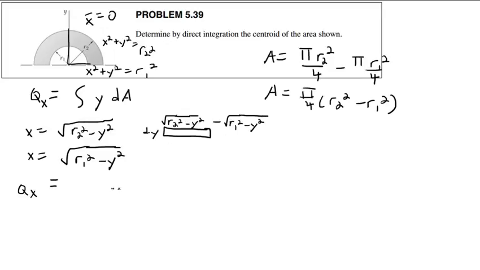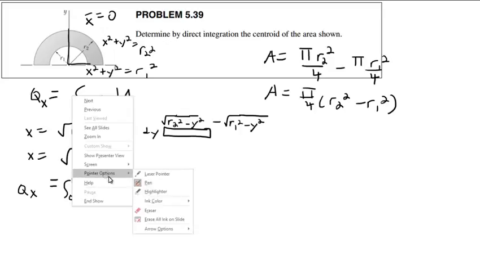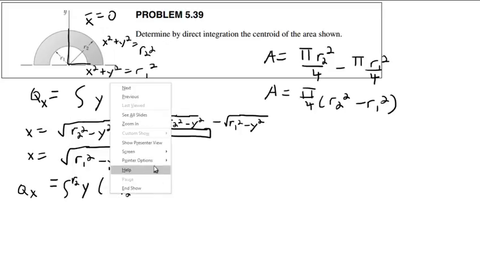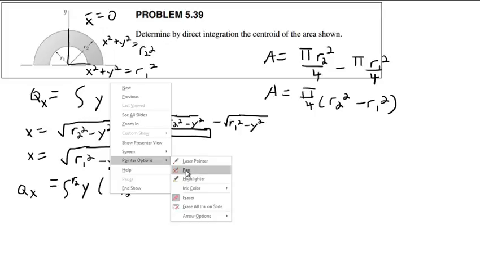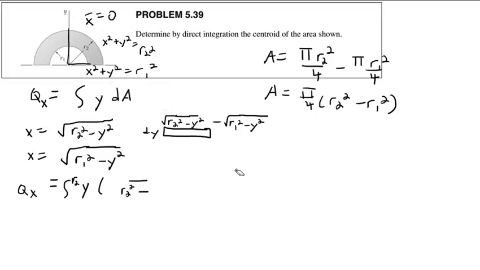This one I can just use u-substitution, so I'm not going to need to consult an integral table. So then this is just y times the square root of r2 squared minus, oh, I need the integral from, let's go from 0 to r2. No, r1 to r2. No, actually, well, it should be 0 to r2 or r1 to r2. Let me think about that.